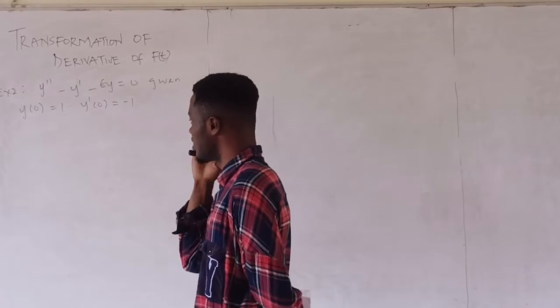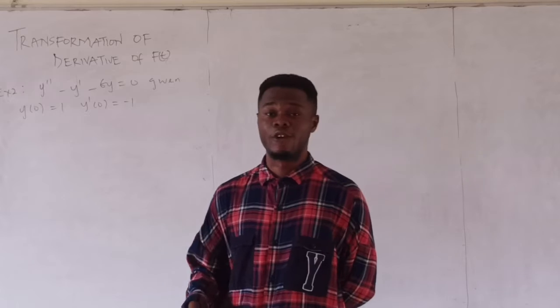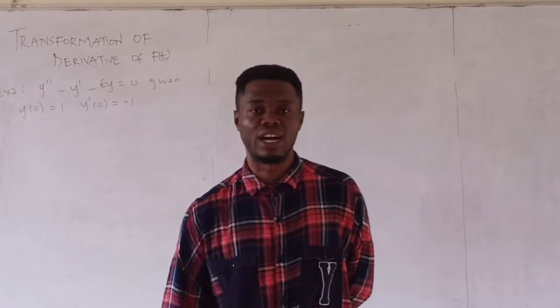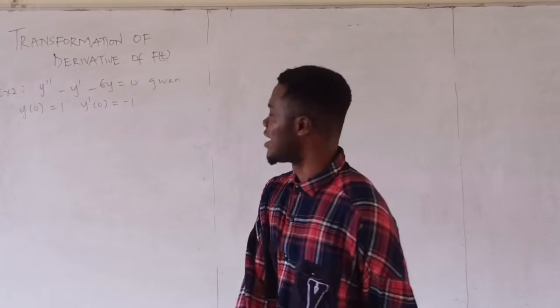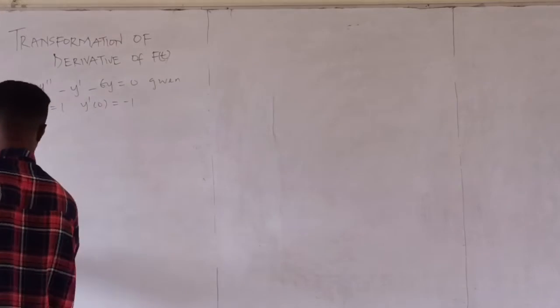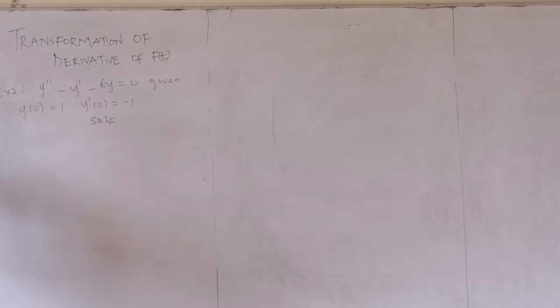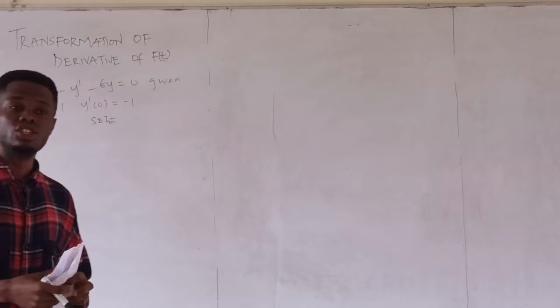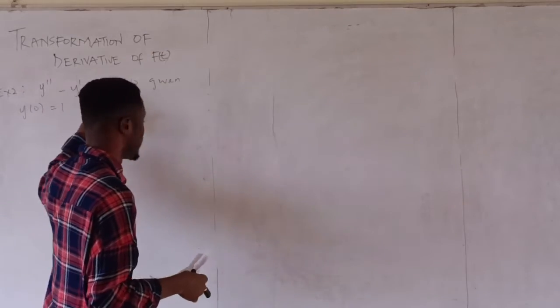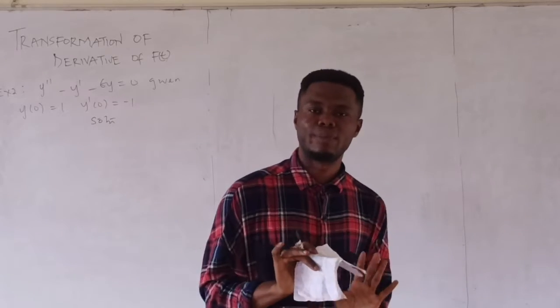This question is just telling us that we should use the Laplace transform to solve this differential equation. So using Laplace to solve this equation, what we have to do is the solution. The first thing we have to do as usual is to find the Laplace of each of the functions.